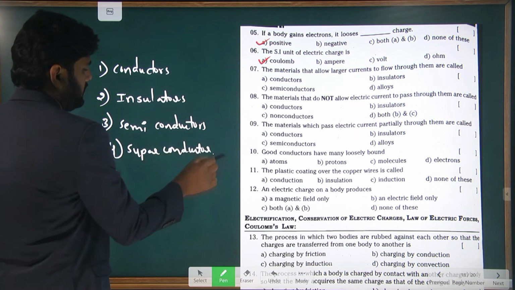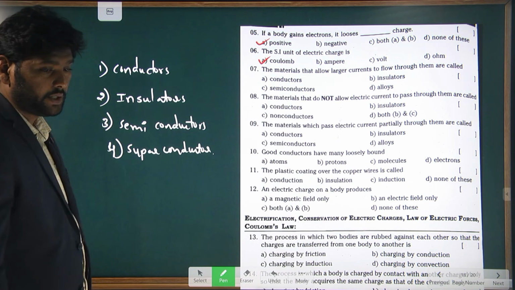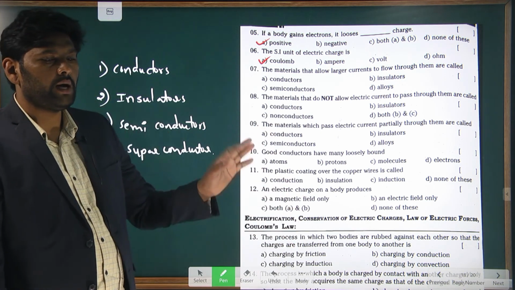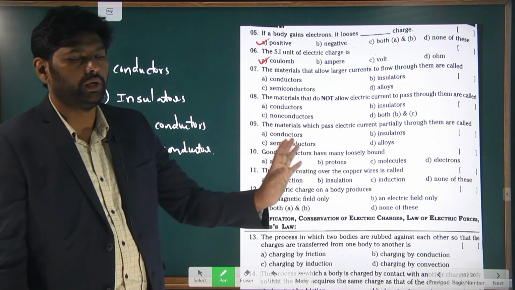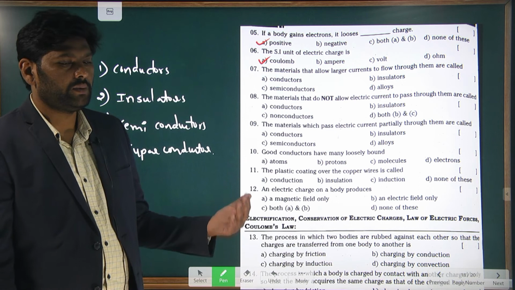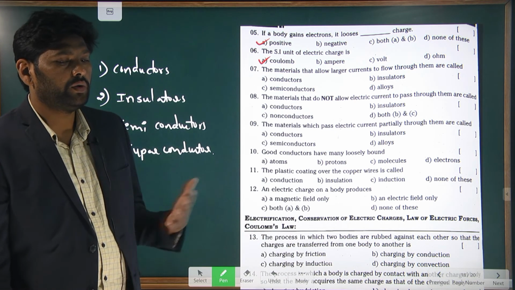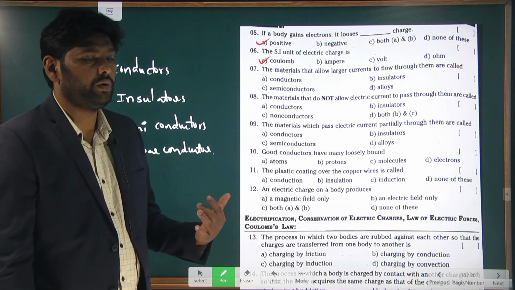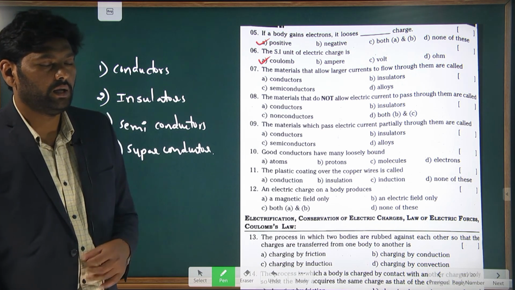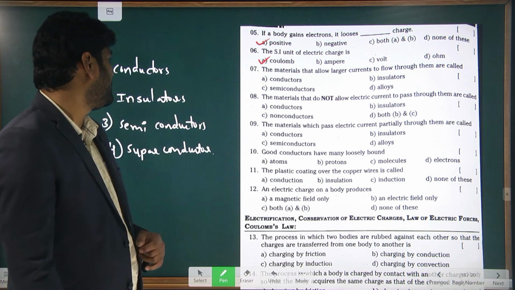If you talk about conductors, the conductors are the materials or substances that allow the charges to pass through freely. Those are known as conductors.